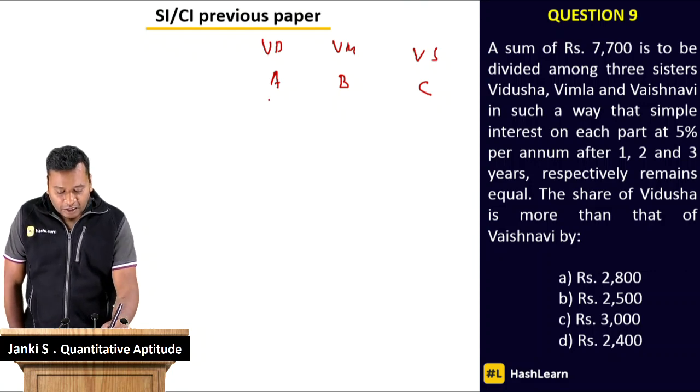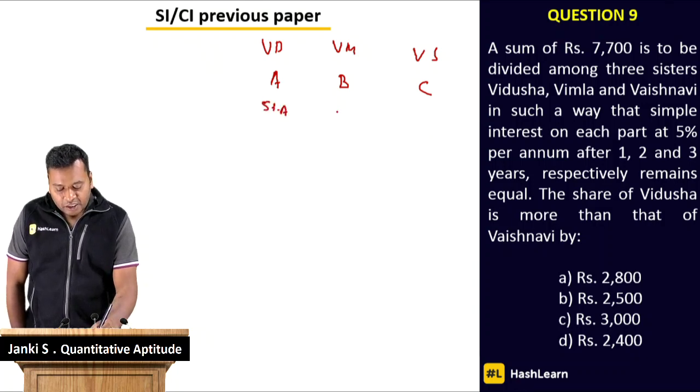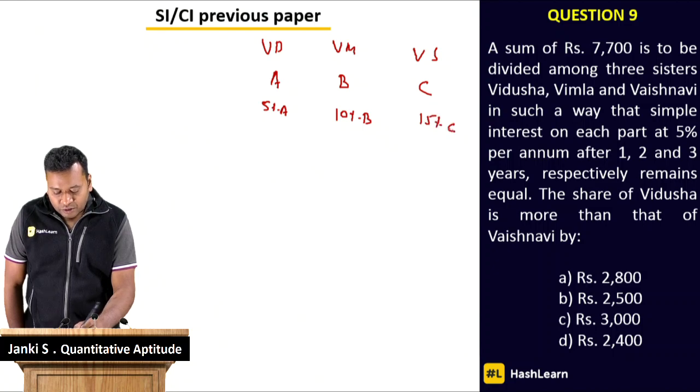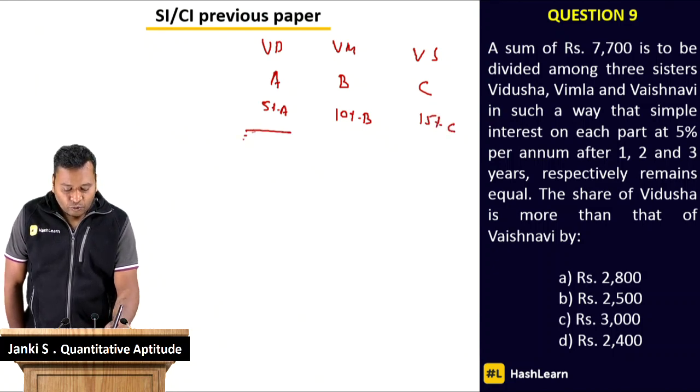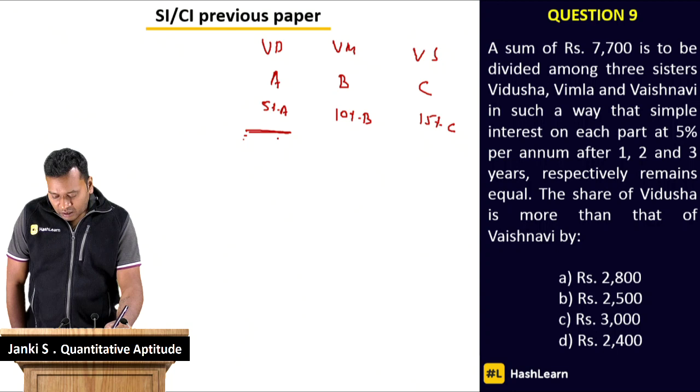That means the interest for this one is nothing but 5% of A. Here it's nothing but 10% of B, because every year it's 5%, so 2 years is 10%, and here it's 15% of C. Right? That represents the overall amount. Now it's given such a way that the simple interest is this.